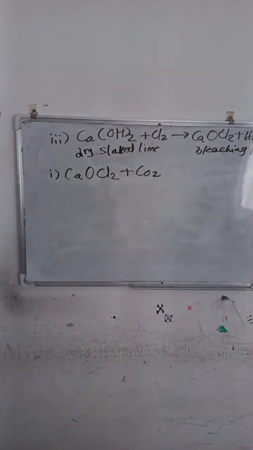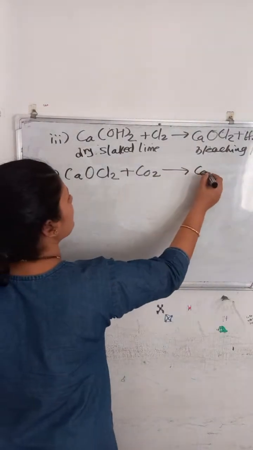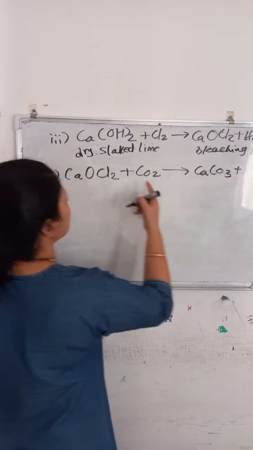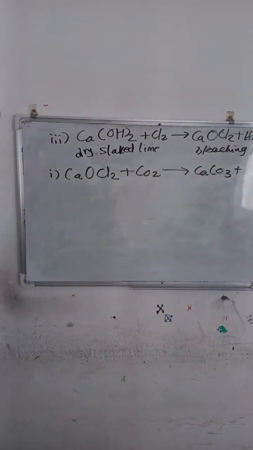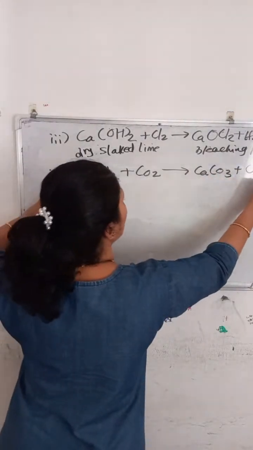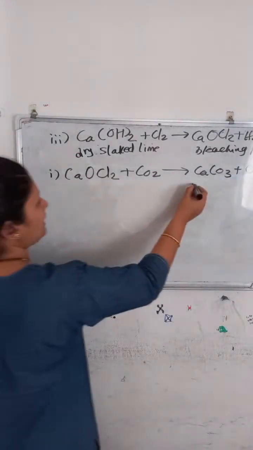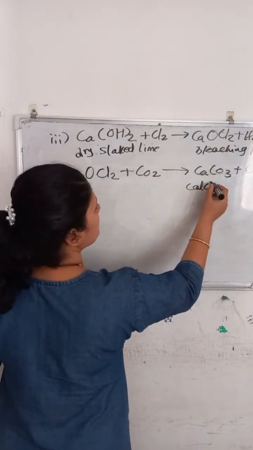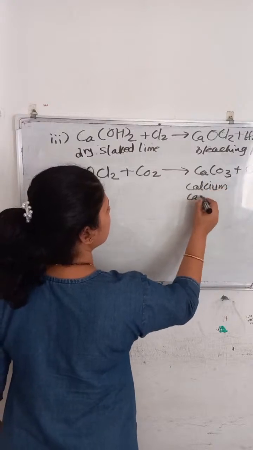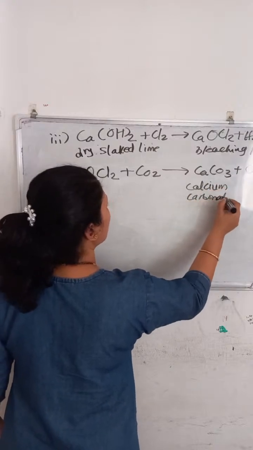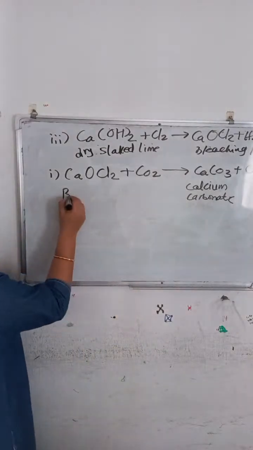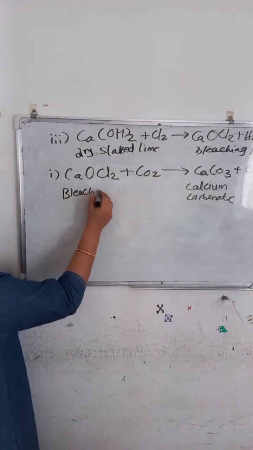So this gives CaCO3, plus the remaining is your chlorine gas. So here we will get calcium carbonate as a byproduct. You can write here calcium carbonate, and this is nothing but your bleaching powder.